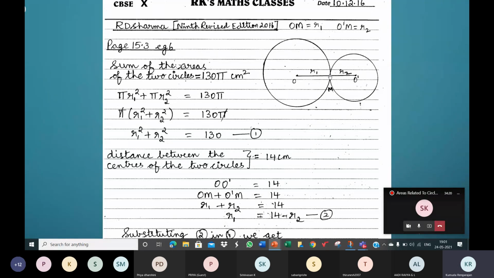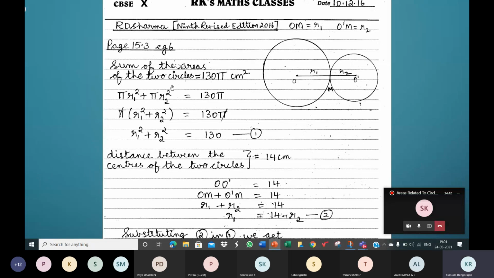They touch at M. And let OM be the radius of the first circle, R1, and O dash M the radius of the second circle, R2, O and O dash being the centers of the 2 circles.